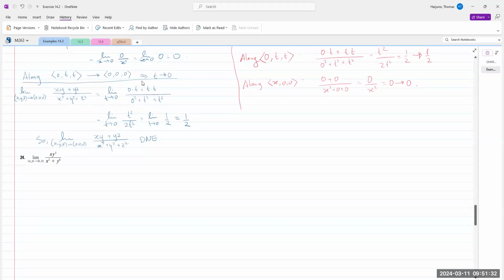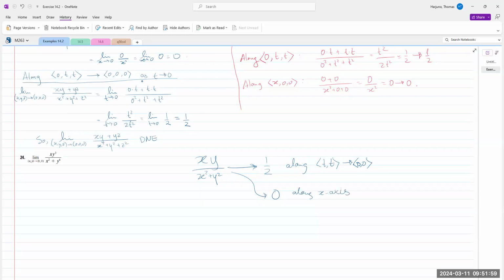I think at this point you start seeing this pattern already. Notice that you have xy over x squared plus y squared. This actually converges to 1/2 along (t, t) approaching (0, 0), right? Okay, it will be approaching 0 along the x-axis. Call this a node.